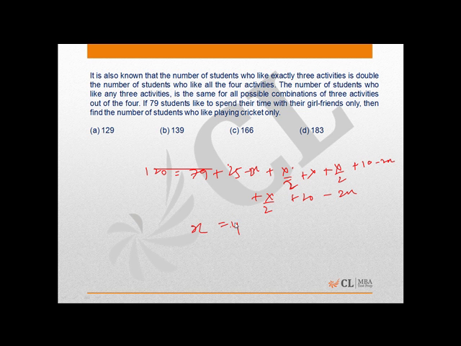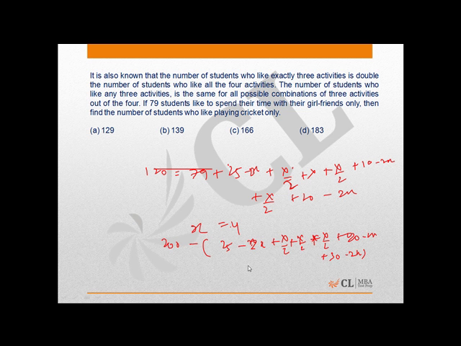and now we have to find the number of students who like playing cricket only, which will be 200 minus 25 minus 2x plus x by 2 plus x by 2 plus x by 2 plus 20 minus twice of x plus 30 minus twice of x.